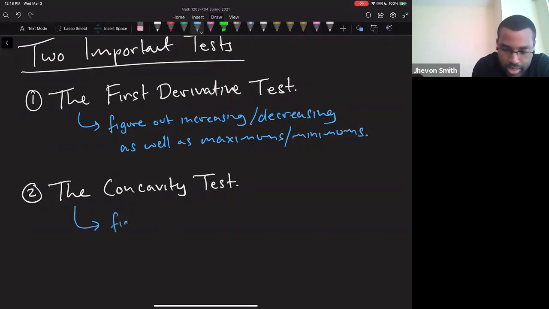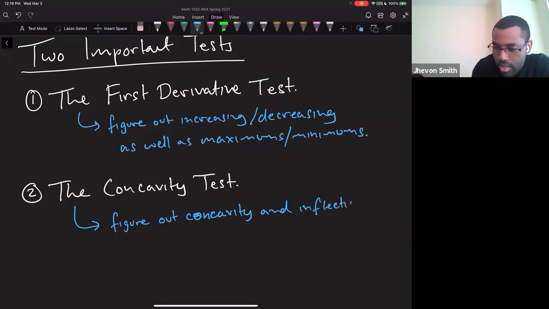But this is a test to figure out concavity and inflections. Because wise people know it's not just about increasing or decreasing. How you're increasing or decreasing matters as well, right? It's not just all about the maximum and the minimum. It's, are you at an inflection or not? That is also important a lot of the time.